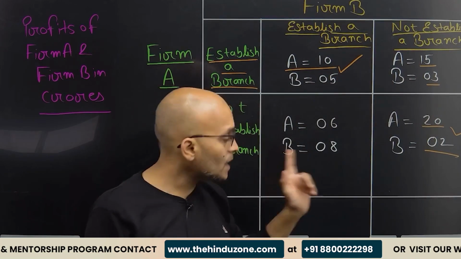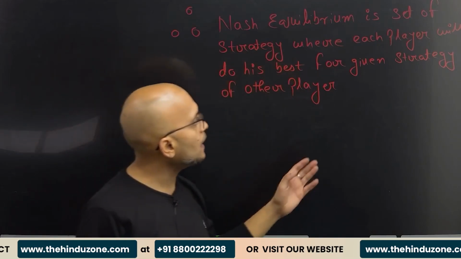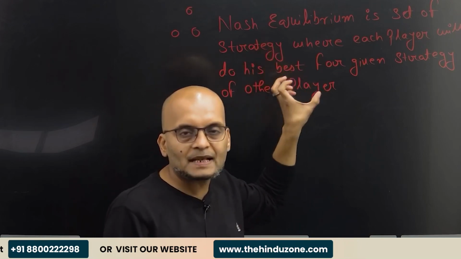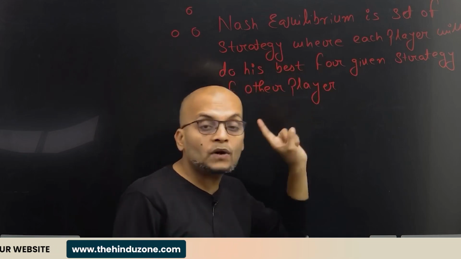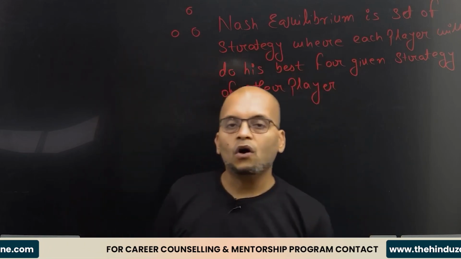So we can say that Nash equilibrium is a set of strategies where each player will do his best for the given strategy of the other player.